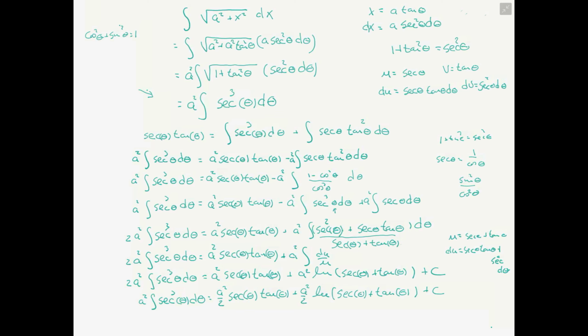So what we're going to do is this here is the original integral equals a squared on 2. Now secant theta, we have to go back to some trigonometric identities here.